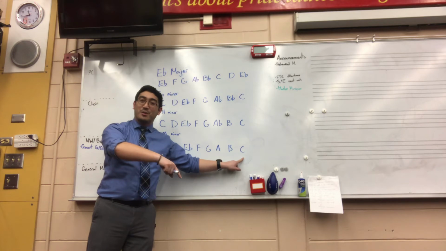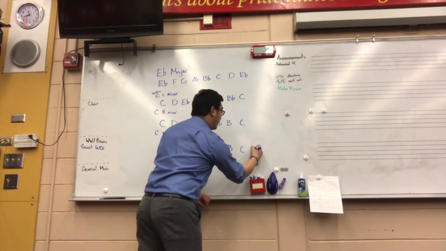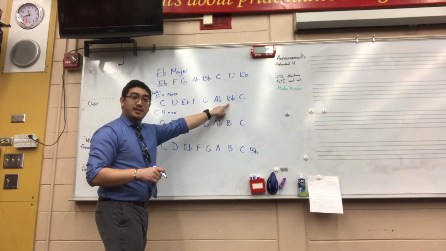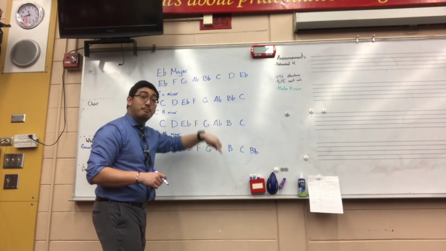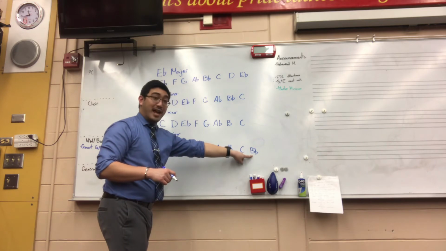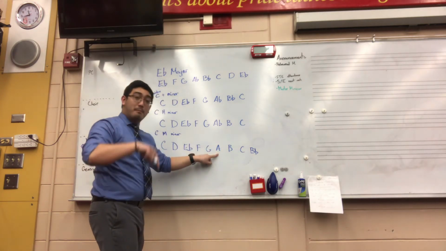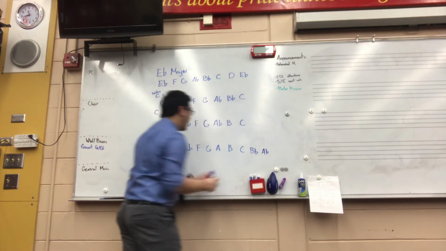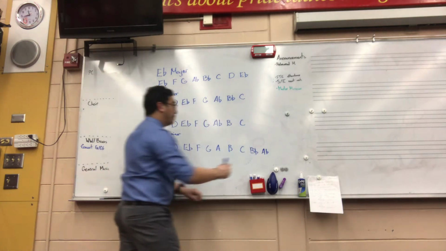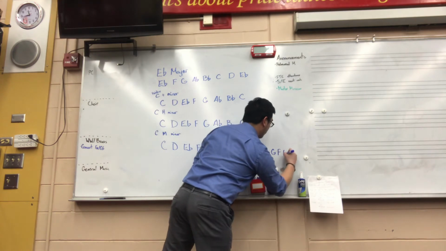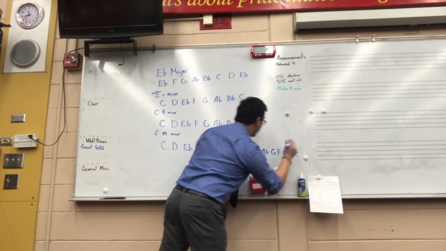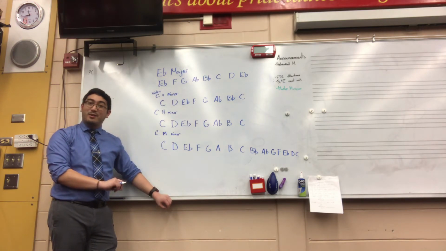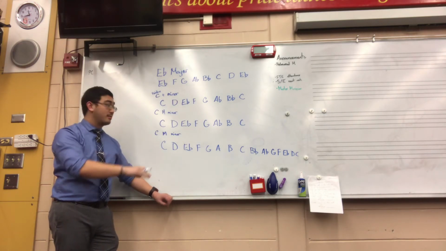On the way down, or descending, you revert back to the natural minor form of the scale. Scale degree 7 goes back down a half step to B flat. Scale degree 6 goes back down a half step to A flat. And everything else is the same as before. So, your melodic minor scale, ascending and descending, would sound like this.